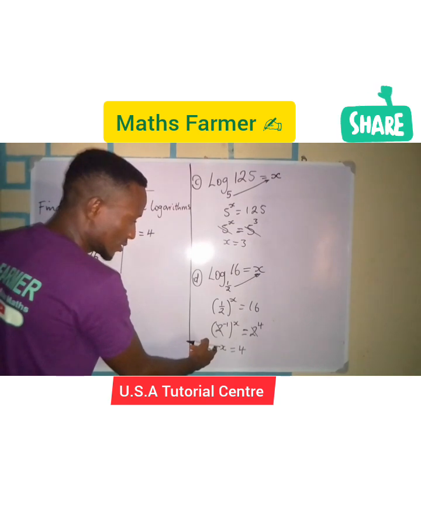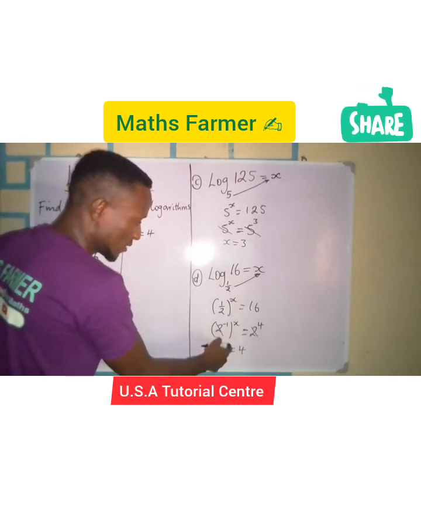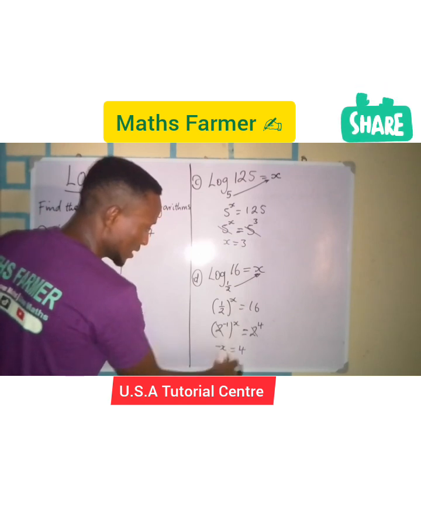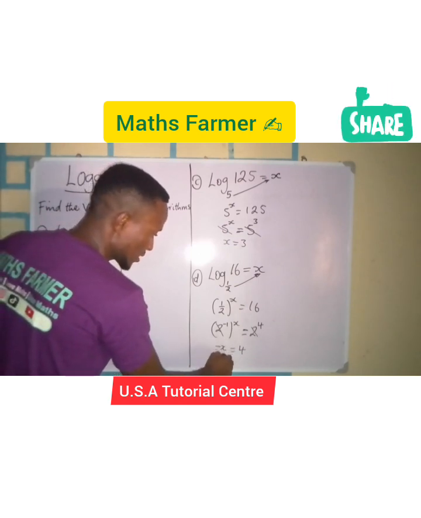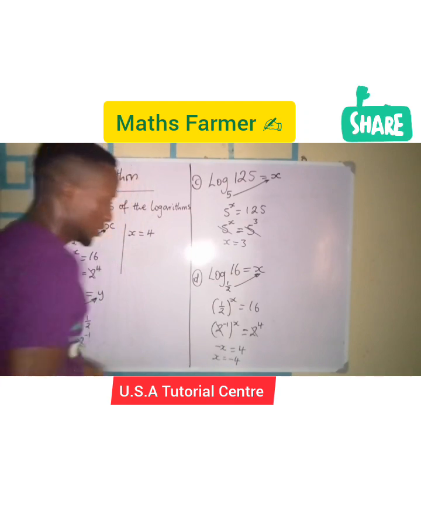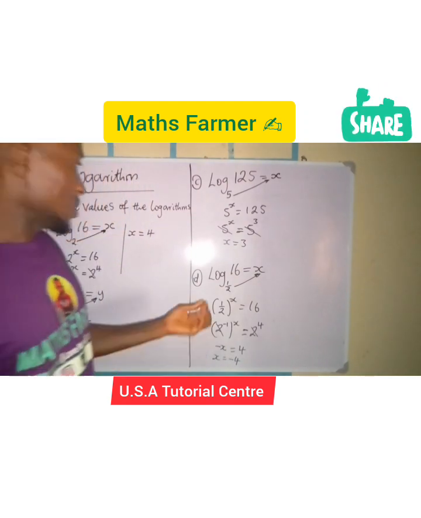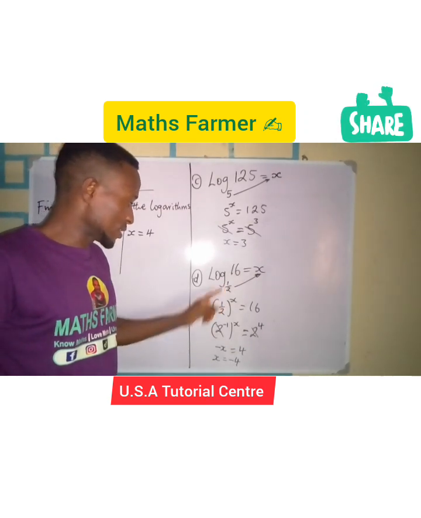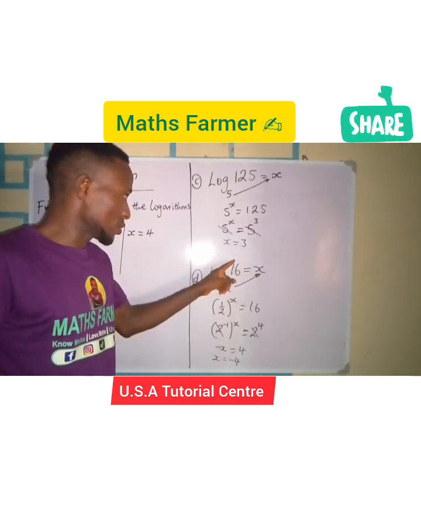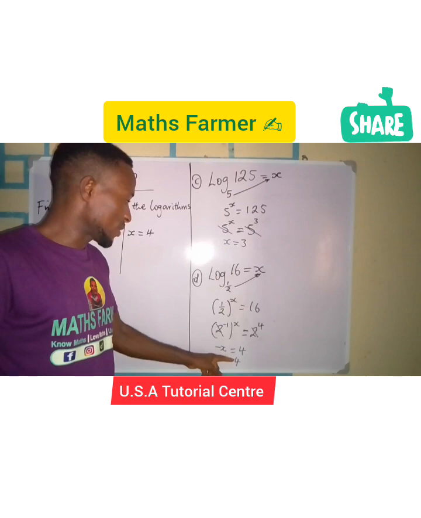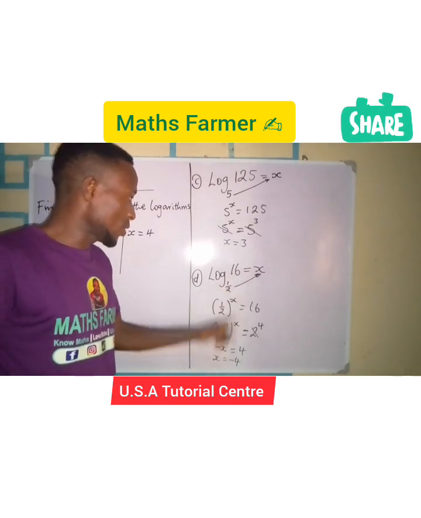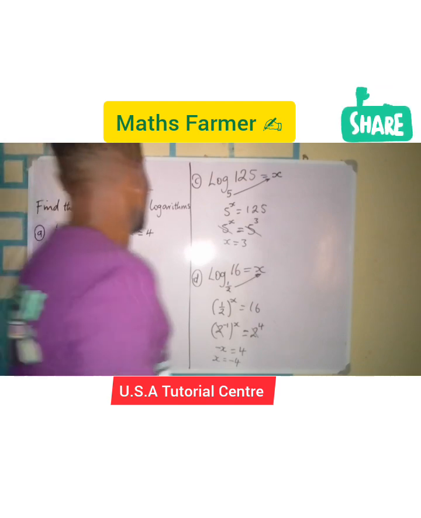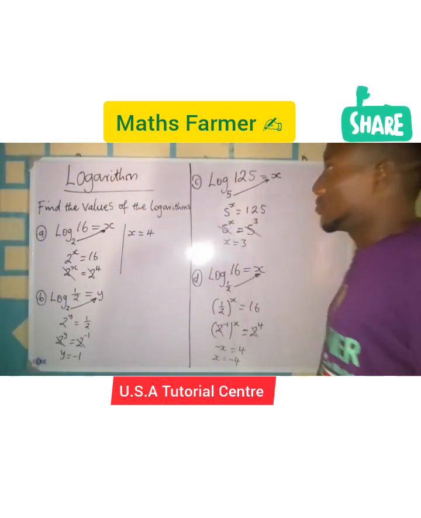We still have the coefficient of minus 1. We divide both sides by minus 1. x is now equal to minus 4. Therefore, what it implies is that half raised to the power of minus 4 will give us 16. So this is how to simplify these logarithm problems on the board.